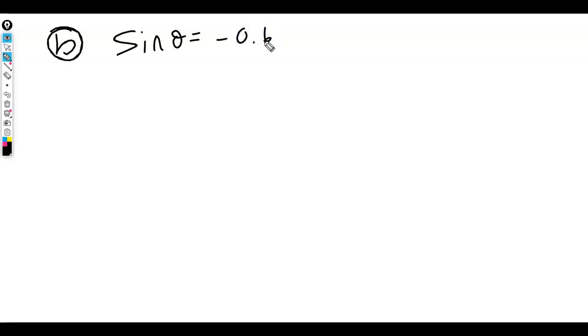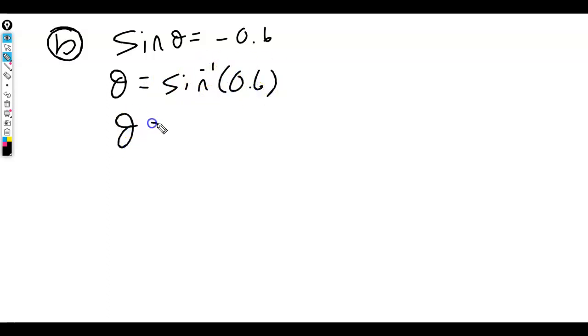0.6. All right, so the first thing I'm going to do is we're going to arc sine 0.6, and that's a calculator exercise. Getting 37 degrees. The next thing we're going to do is we're going to draw our picture.